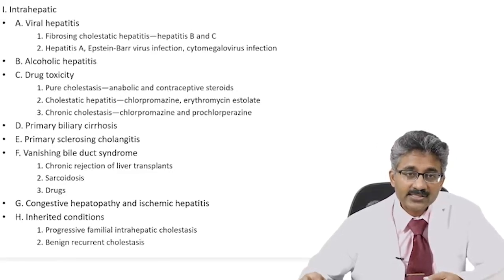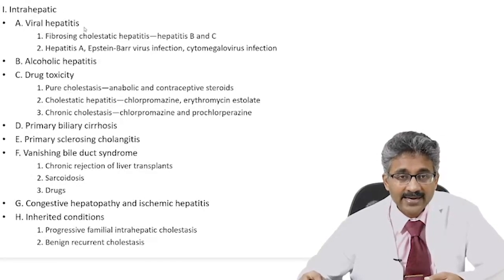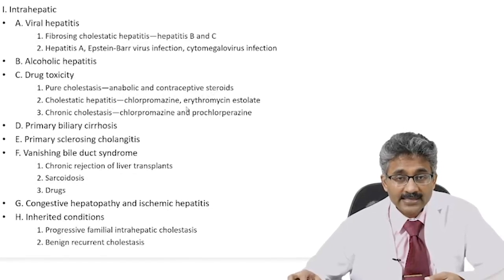So same conditions, intrahepatic cholestasis: viral hepatitis B, C, hepatitis A, Epstein-Barr virus, cytomegalovirus, alcoholic hepatitis, drug toxicity, pure cholestasis by anabolic and contraceptive steroids, cholestatic hepatitis by chlorpromazine and erythromycin acetylate, chronic cholestasis by chlorpromazine and prochlorperazine.